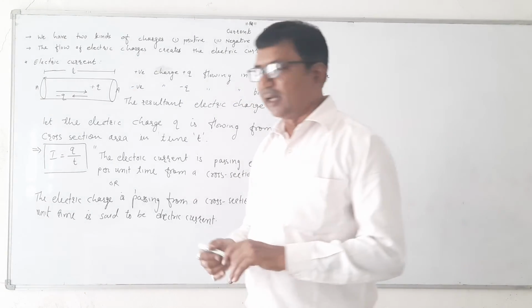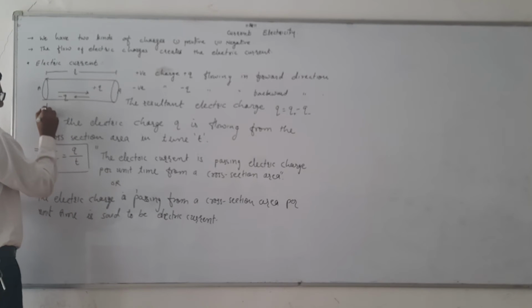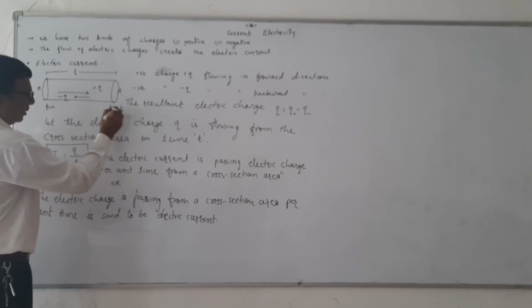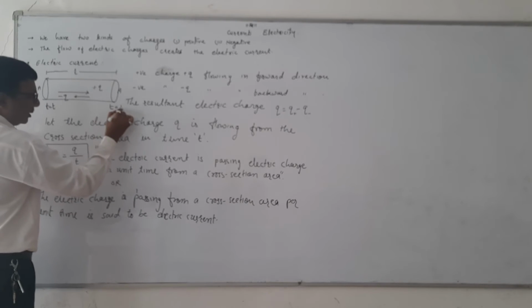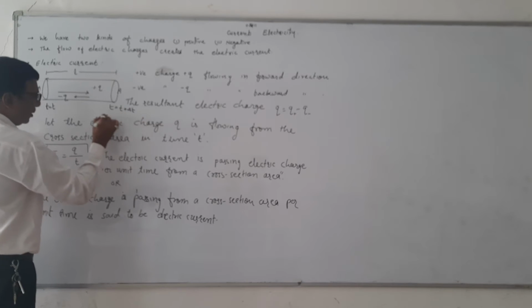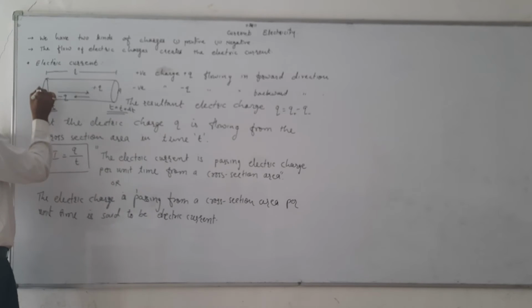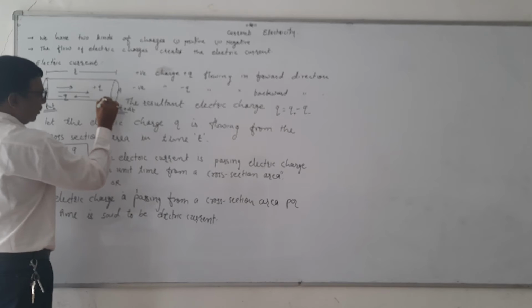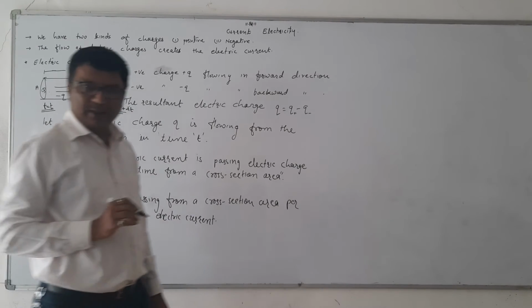Suppose here t is equal to t and here t plus delta t, so during this time q and q plus delta q charge flow from here.